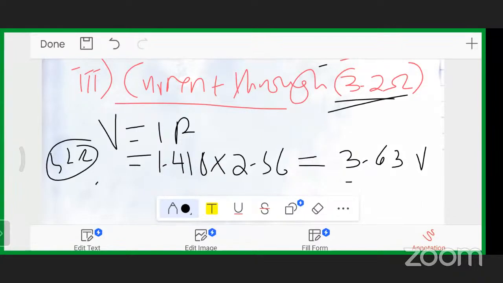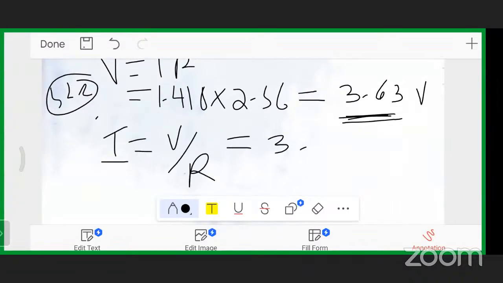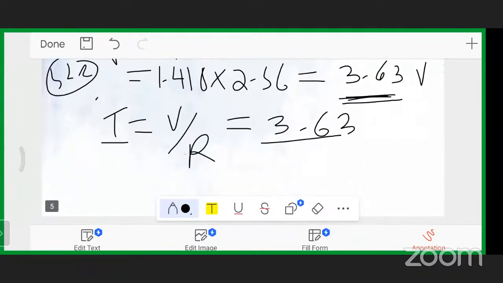So you already have its voltage drop, and we know its resistance. So you can find the current as V over R. V is the voltage drop, 3.63, divided by the resistance, which is 3.2.